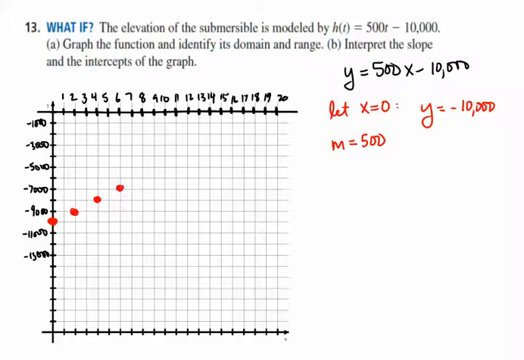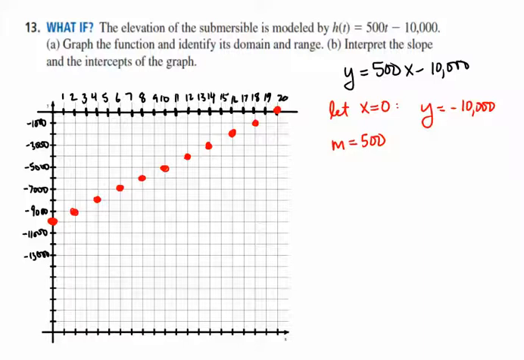And so if I were to continue to graph at that rate, notice that all of those points are falling on a straight line, and eventually we are going to hit 20 minutes again. So if the submersible started out at 10,000 feet below the surface of the water, and if it was rising at a rate of 500 feet per minute, then in 20 minutes it would reach the surface of the water.